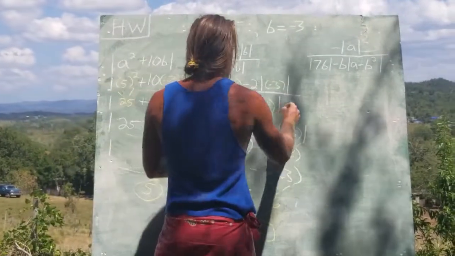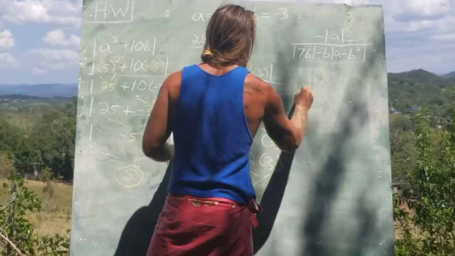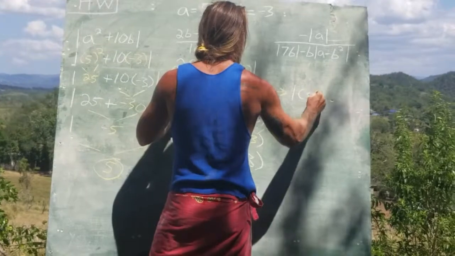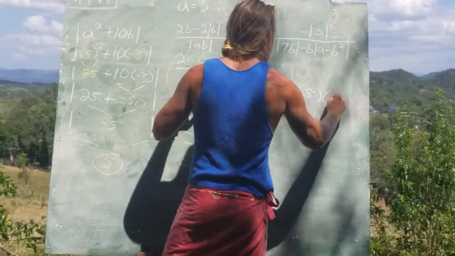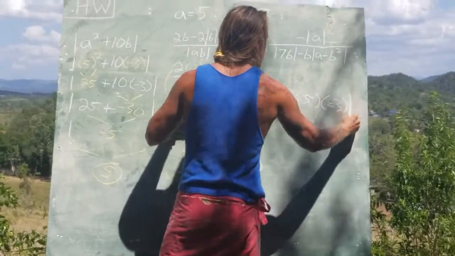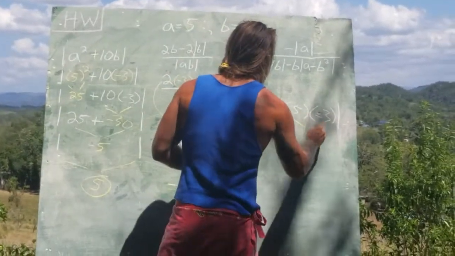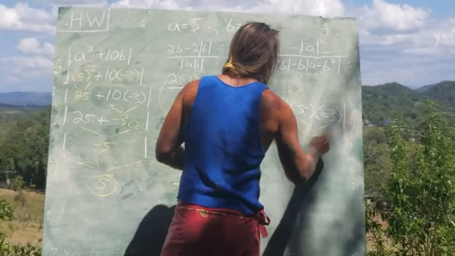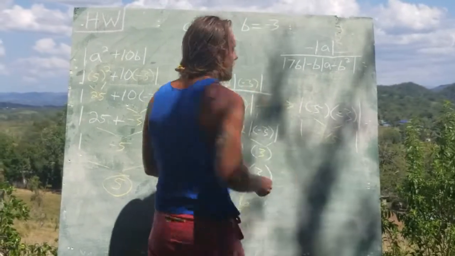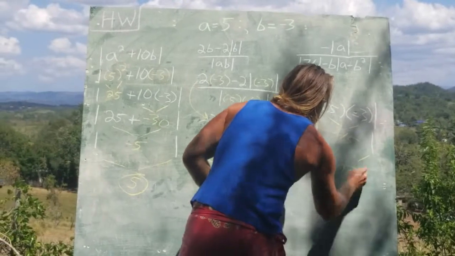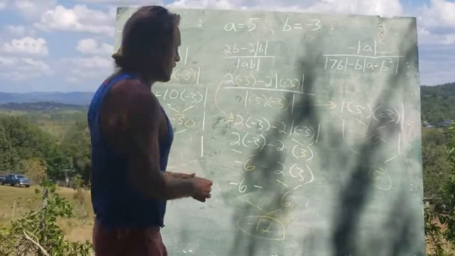So I guess we'll have to erase this later. We'll work over here. We have the absolute value of 5 times a negative 3, or a times b, given those values. 5 times a negative 3 is a negative 15. The absolute value of a negative 15 is a positive 15. And there is our new denominator. So let's put these together.